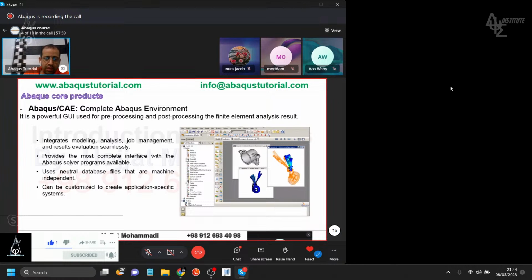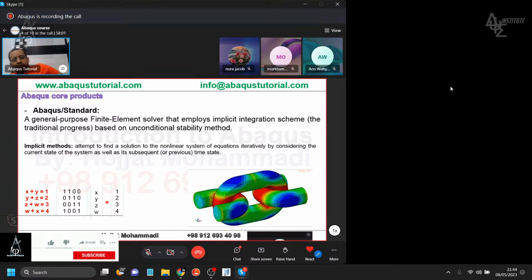After that, we have some solvers. The main and general solver of the ABAQUS package is the ABAQUS Standard solver, a general purpose finite element solver that employs an implicit integration scheme, the traditional process, based on an unconditional stability method.